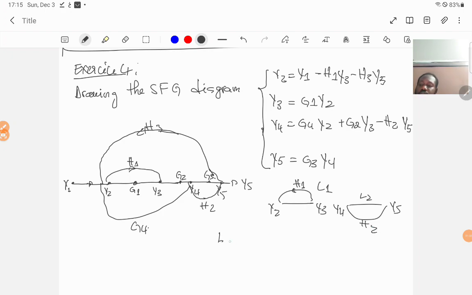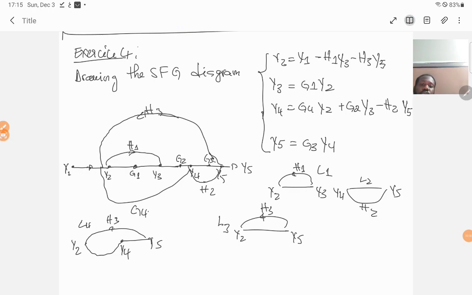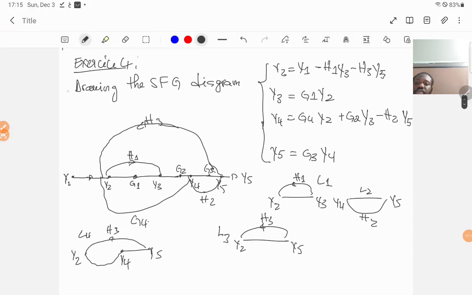Loop number 3, y2, y5, h3, and loop number 4 will be drawn like this. Loop 4, you have h3 in here, y2, y5, and this one is y4. So the question number A is done.